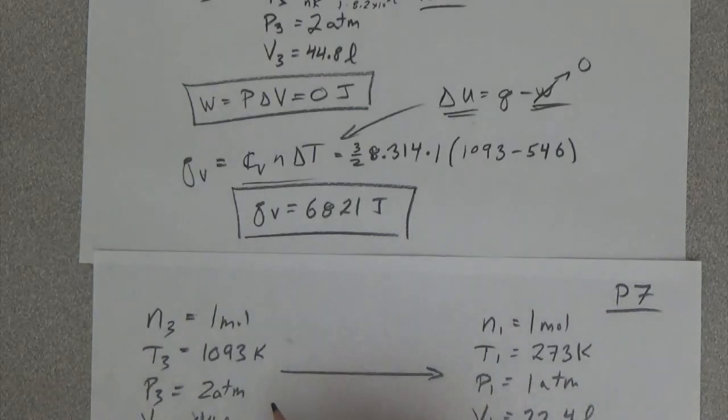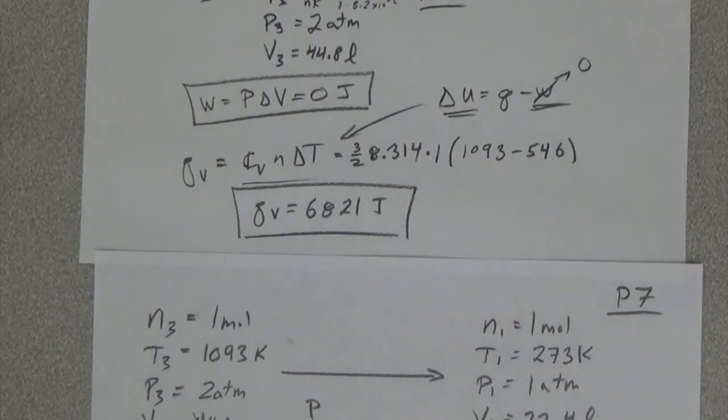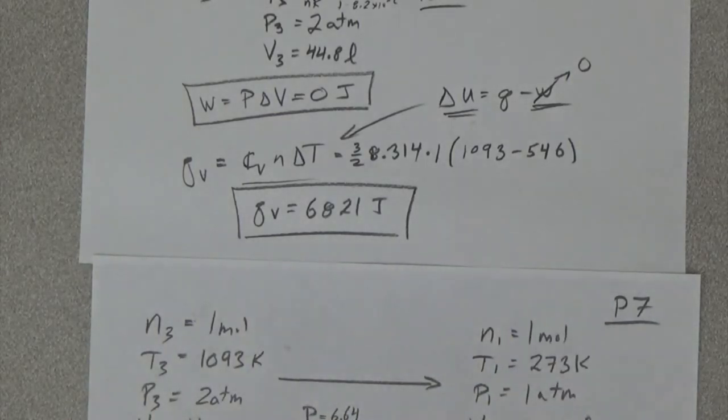And we're following the expression P is equal to, what is it, 6.643 times 10 to the minus 4 V squared plus 0.667.